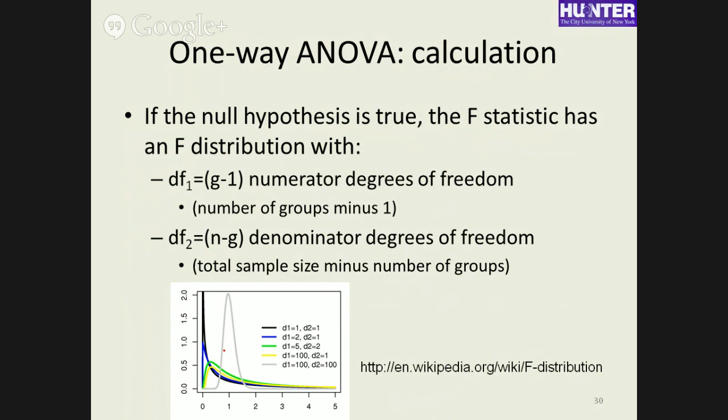The F distribution changes with both of these, but in general it's an asymmetric skewed distribution that's small near 0, increases to some peak, and then has a long tail to the right. And in all cases, the rejection region will be off here to the right.